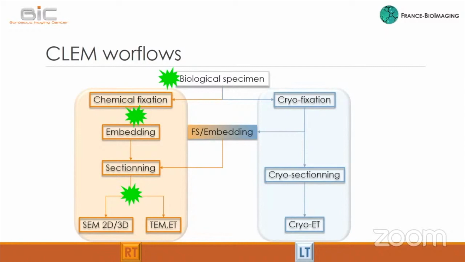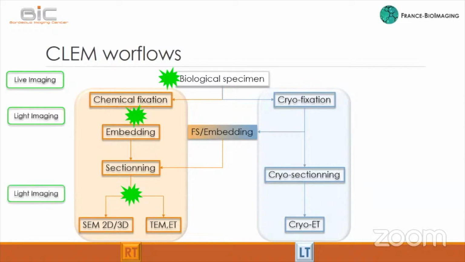You can label at the beginning of the preparation, also after chemical fixation, which is called pre-embedding immunolabeling, and after sectioning, which is called post-embedding immunolabeling. The fluorescence imaging can be done as live imaging before doing all the preparation. You can do light microscopy after chemical fixation, but also at the end, after sectioning of your samples.